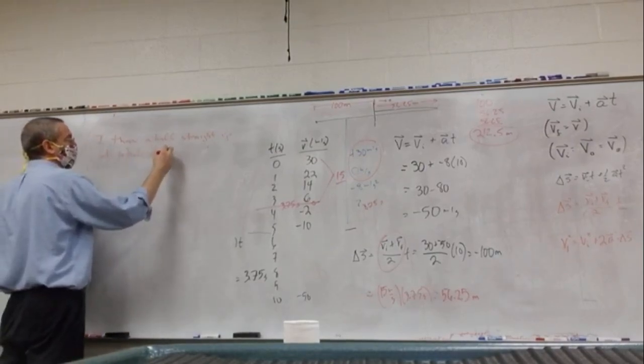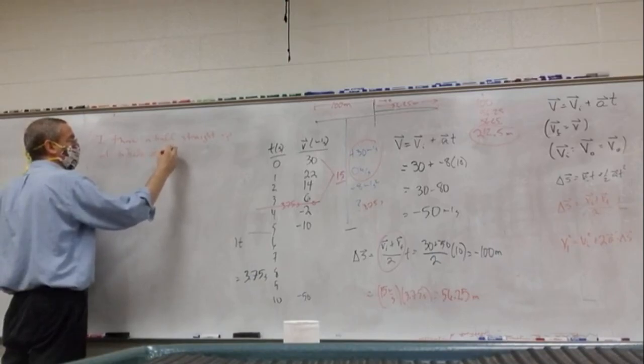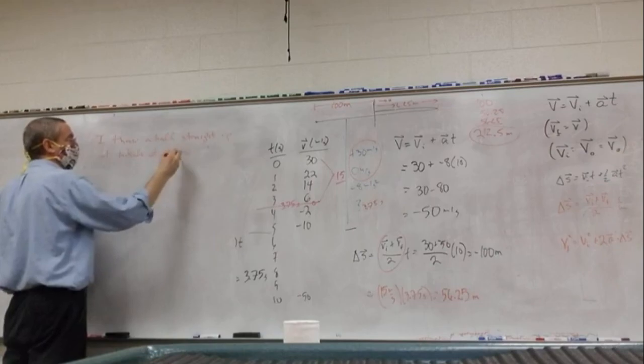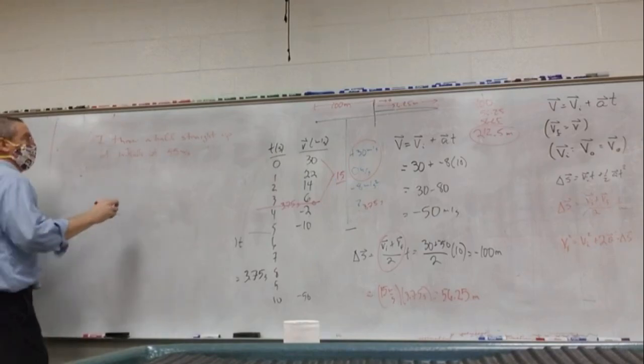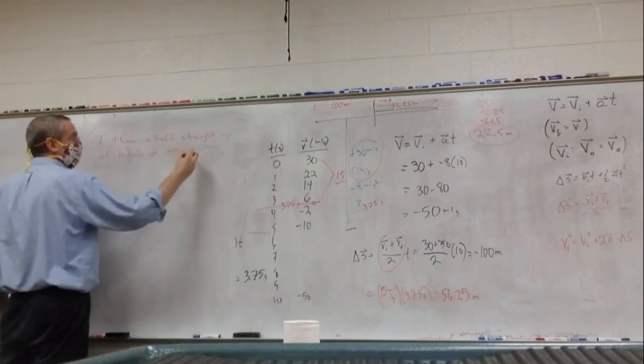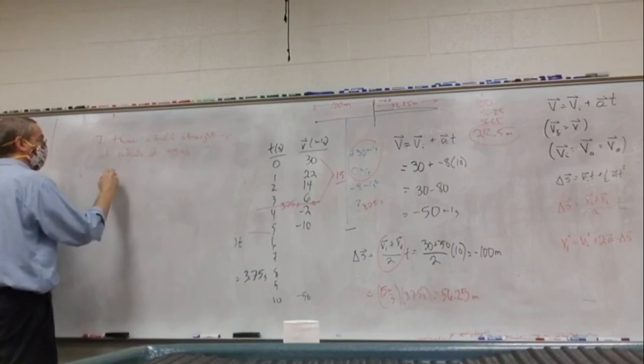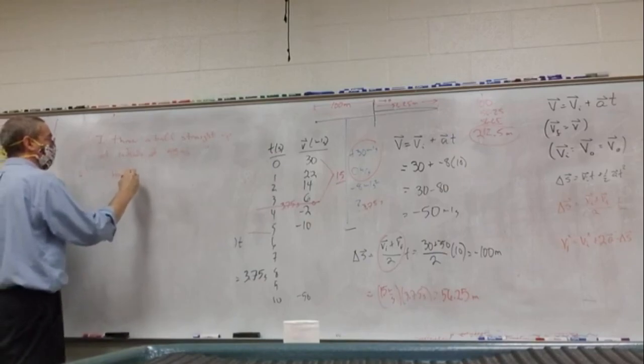Let's just say I'm a major league player, so let's say 45 meters per second. Was it in the mid-90s? Miles per hour. How high up does it go?